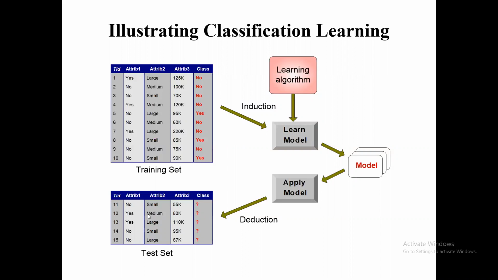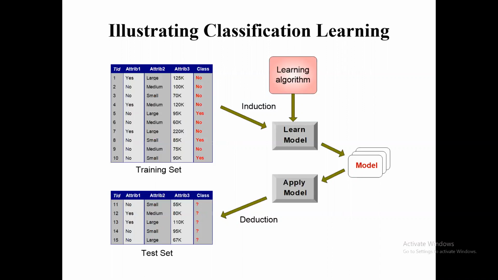And using the test set, we usually test the quality of the learned algorithm or the learned model. So using the training set and a suitable learning algorithm, for example, examples of decision tree learning algorithms can be ID3, C4.5, or classification and regression trees, which we will be looking at in detail in the subsequent videos.